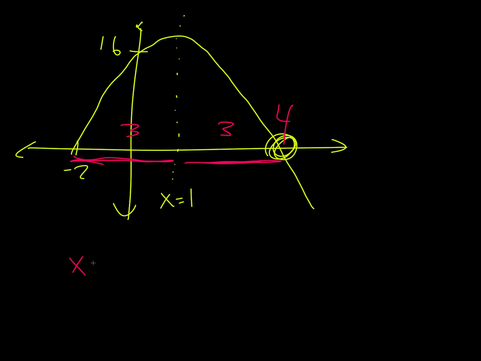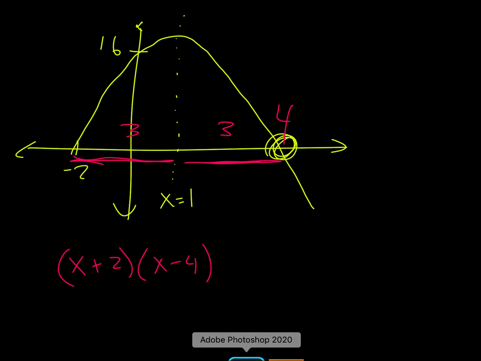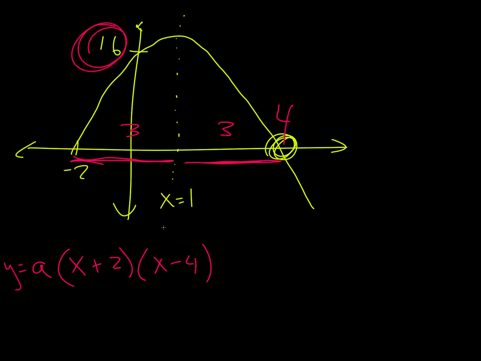Now we can pretty much approach this the same way that we were doing the other one. Just make sure you change your signs, so -2 becomes +2, +4 becomes -4. Once again, we have a scale factor out in front, and now we're going to use the 16 to figure out what a is.